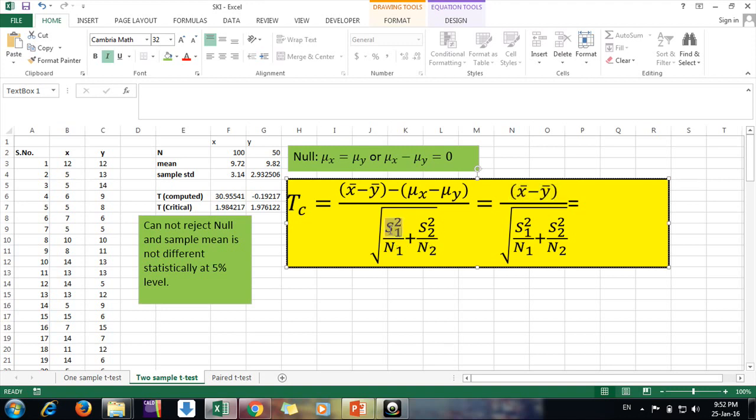S1 is the standard deviation of the first sample, S2 is the standard deviation of the second sample, N1 is the number of observations in the first sample, and N2 is the number of observations in the second sample.